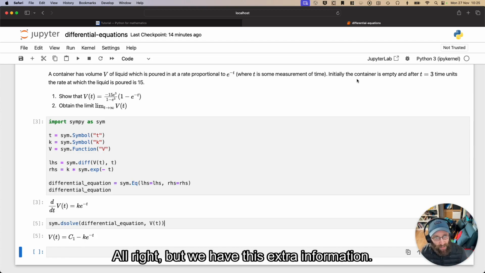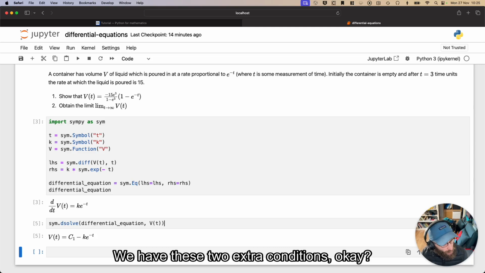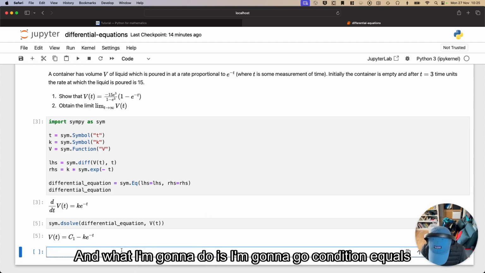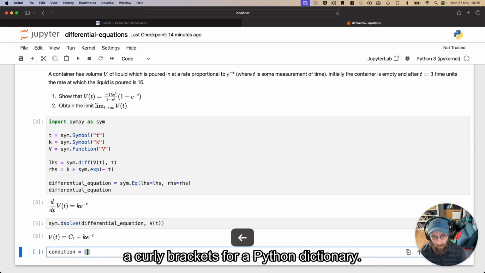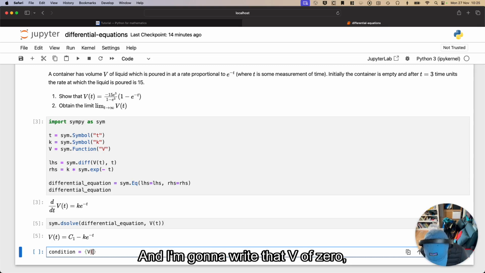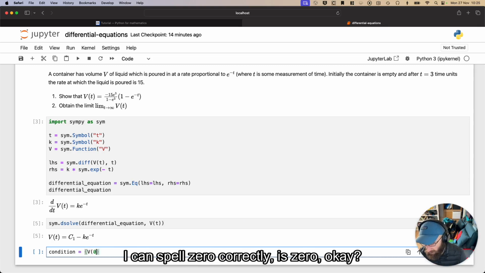But we have this extra information, these two extra conditions. What I'm going to do is write condition equals curly brackets, for a Python dictionary, and write that V of 0 is 0.